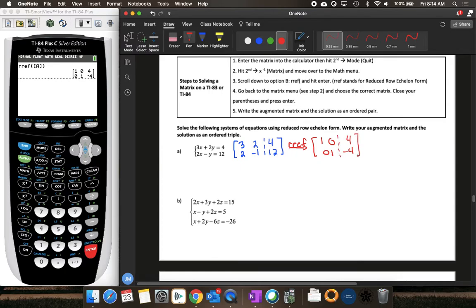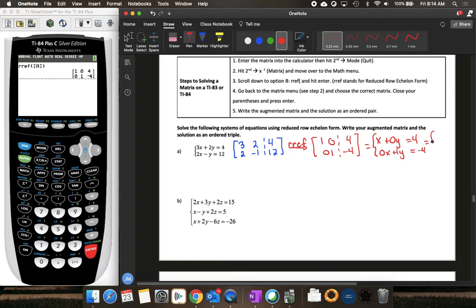Now, notice that really all that did was give you another matrix, but actually, if you think about what it did, let's convert this matrix back into equation form. So the first line is 1x plus 0y is equal to 4. And then the second equation is that 0x plus 1y is equal to -4.